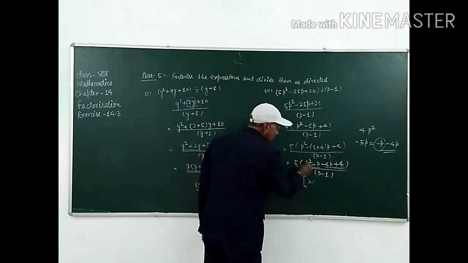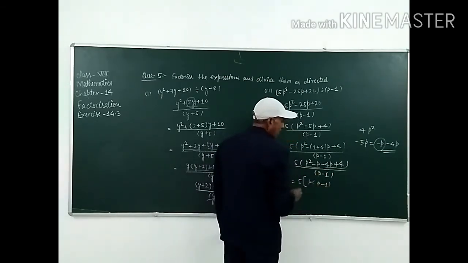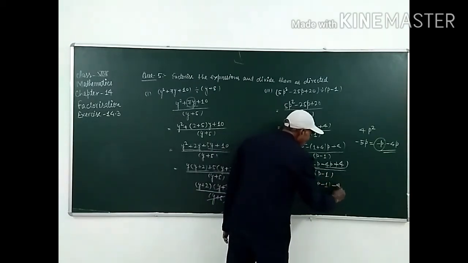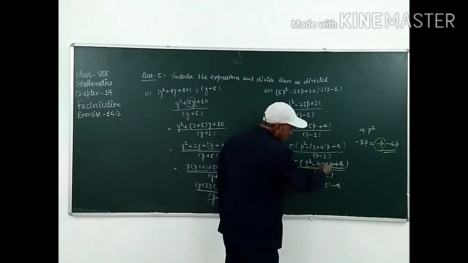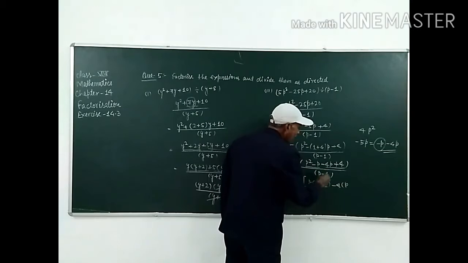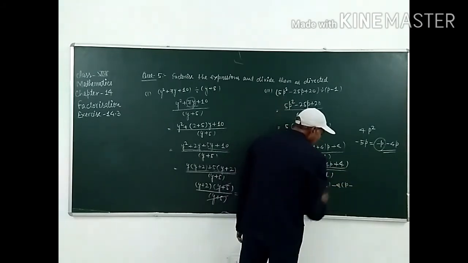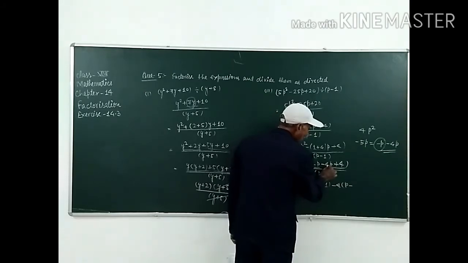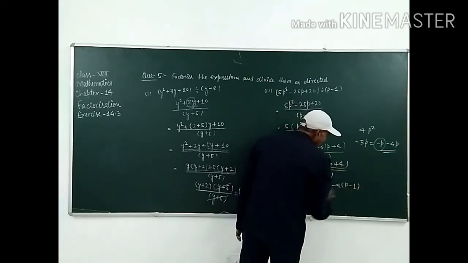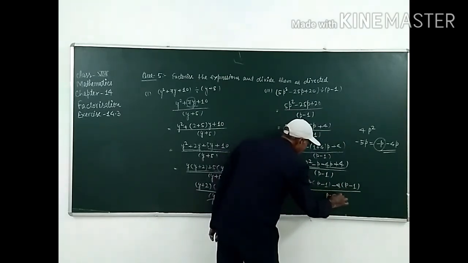This one will be p, and if we divide this p by p, it will be minus 1, and minus 4, we have taken here minus 4 as common. So, in the first part p will remain, and in the second part minus 4, and this one plus 4, if we multiply this plus minus, it will be minus. So, this one 4 divided by 4, 1, student, and denominator is p minus 1.